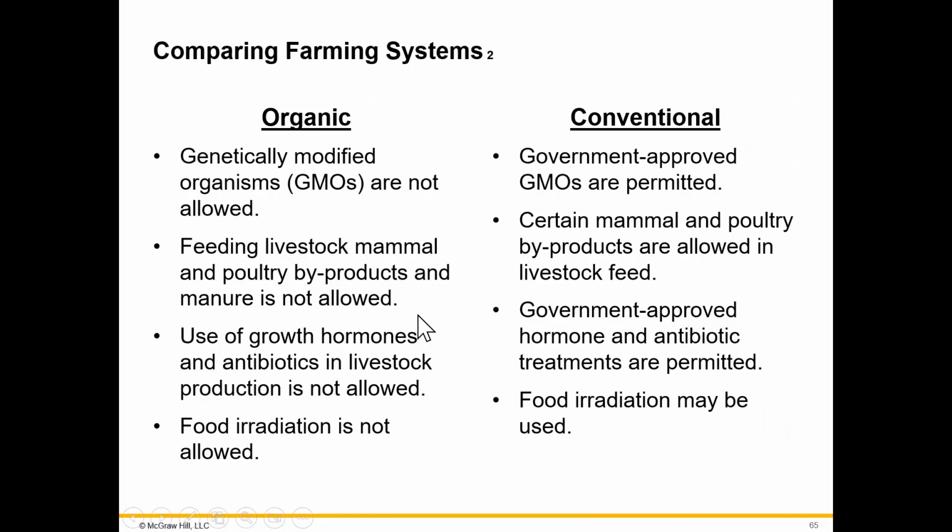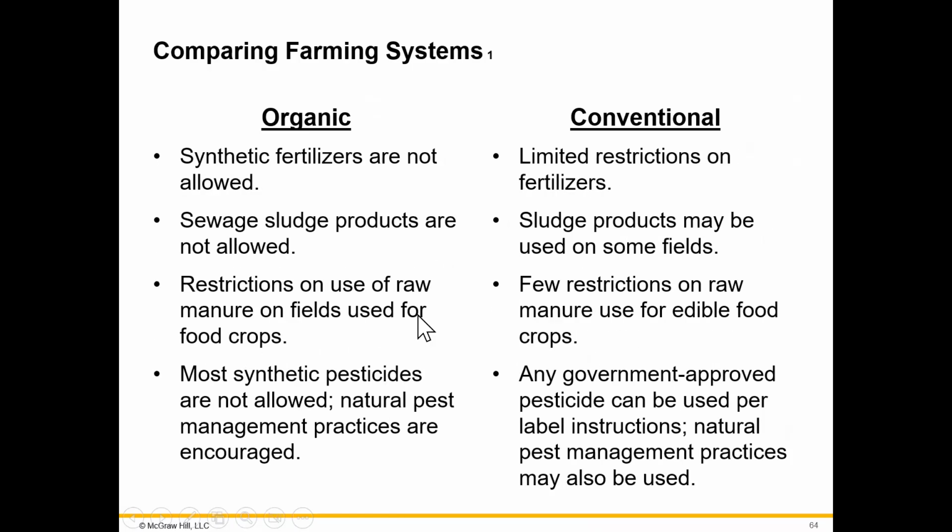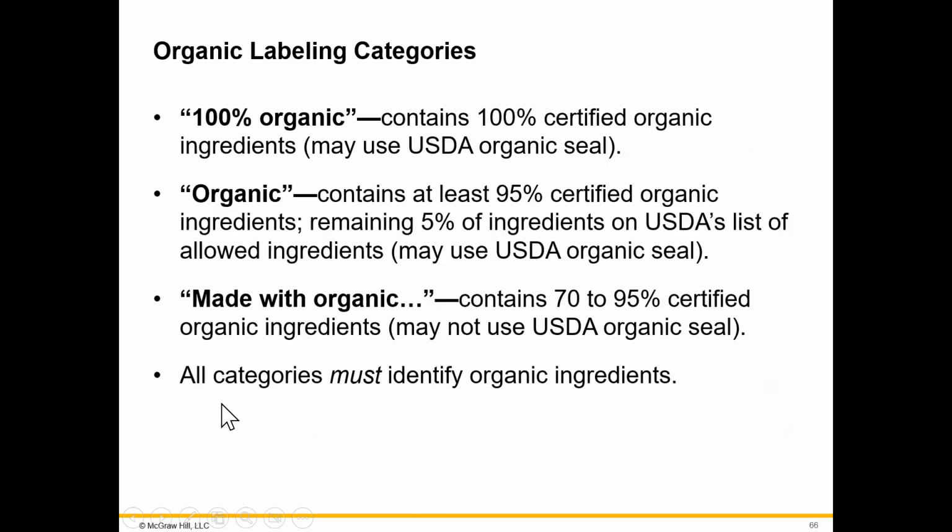There are restrictions on using raw manure, restrictions on using pesticides, and so forth. So I think that's a wonderful thing. Organic, that's whole food. You're always going to hear me promote whole food, and that is fantastic. Just know that there are labeling guidelines related to that.